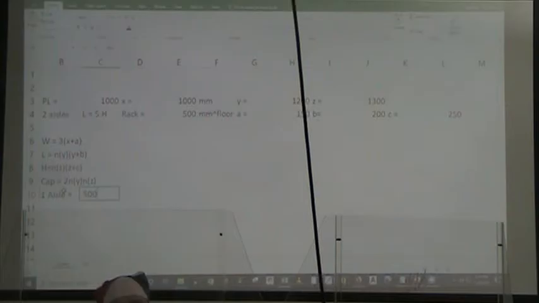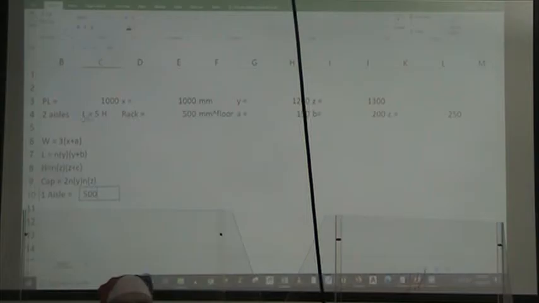All right, but each aisle has two sides, right? So each side has 250. Which I don't know if that's going to help us.